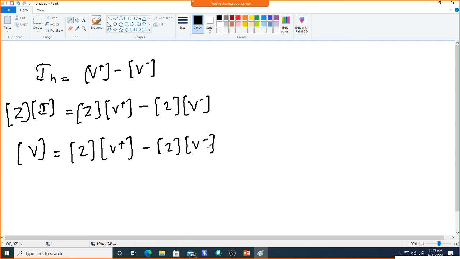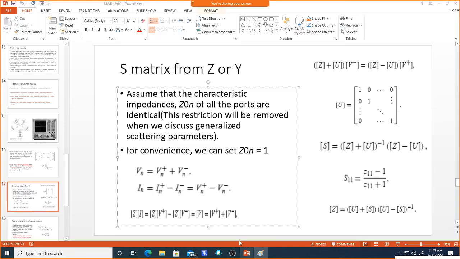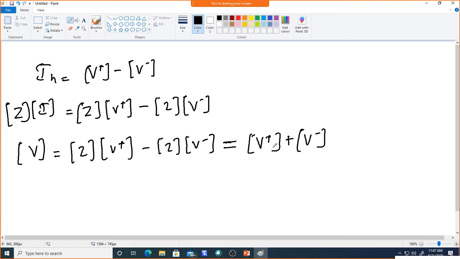Now we already know this V can be equivalent to V plus plus V minus, from the first equation, and we can equate that same equation into this one. So what will happen?